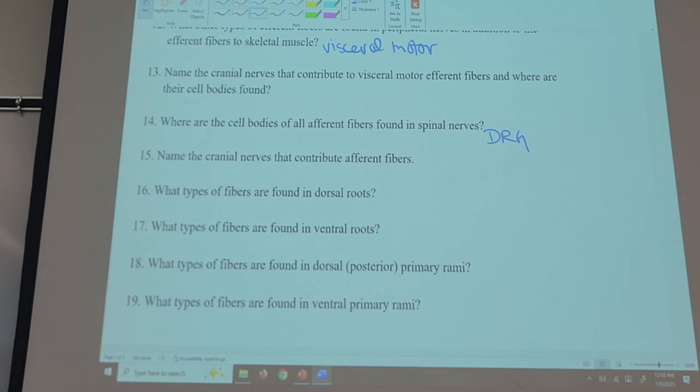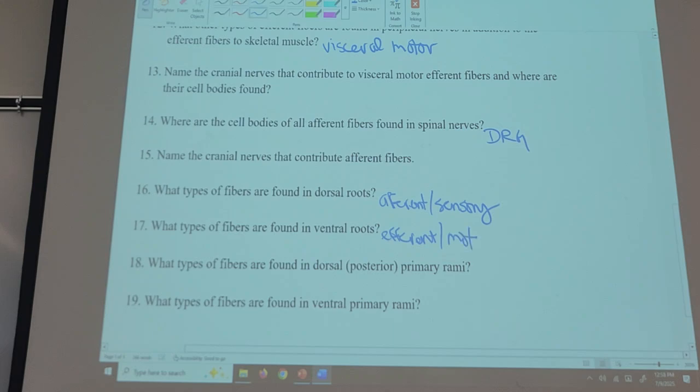What types of fibers are found in dorsal roots? Afferent or sensory, right? Yep. Good. Okay, what types of fibers are found in ventral roots? Efferent or motor. Good. We haven't talked about rami yet, so the last two we're gonna get to.